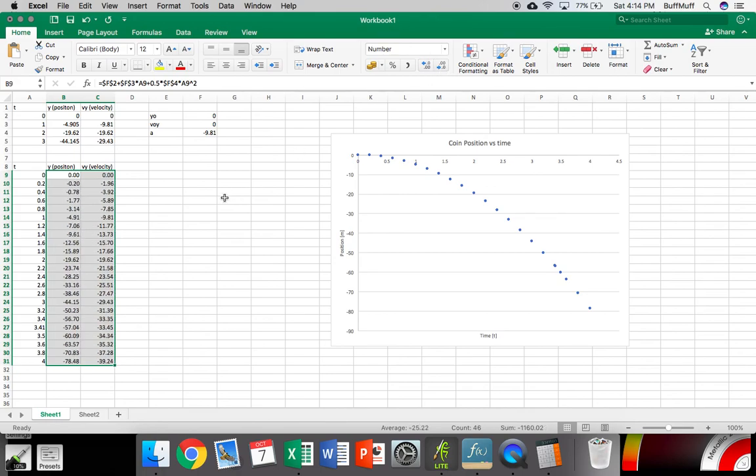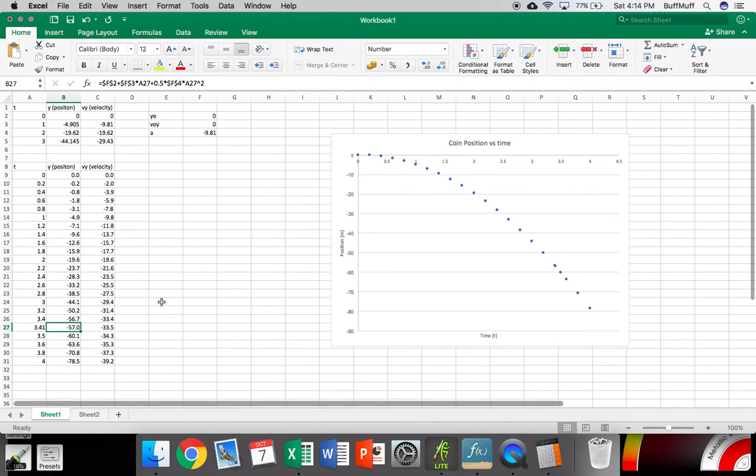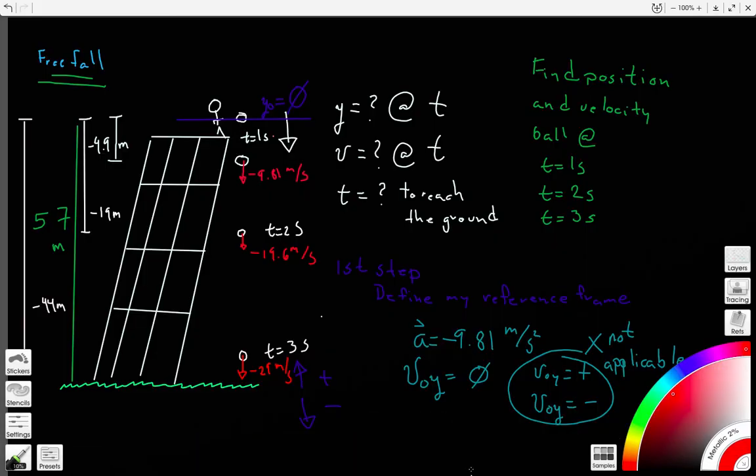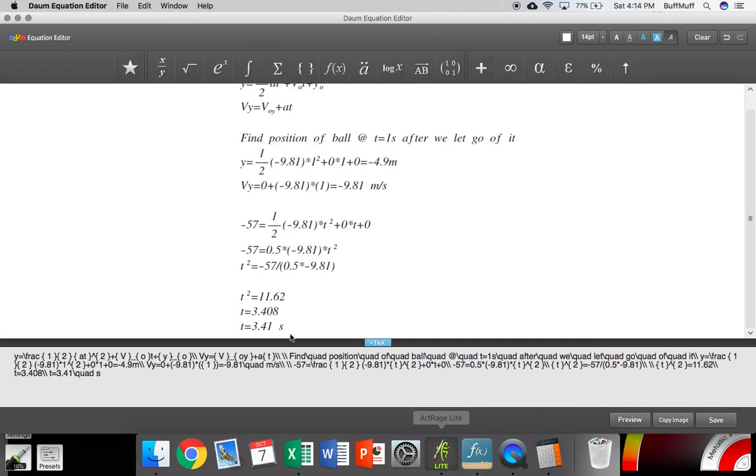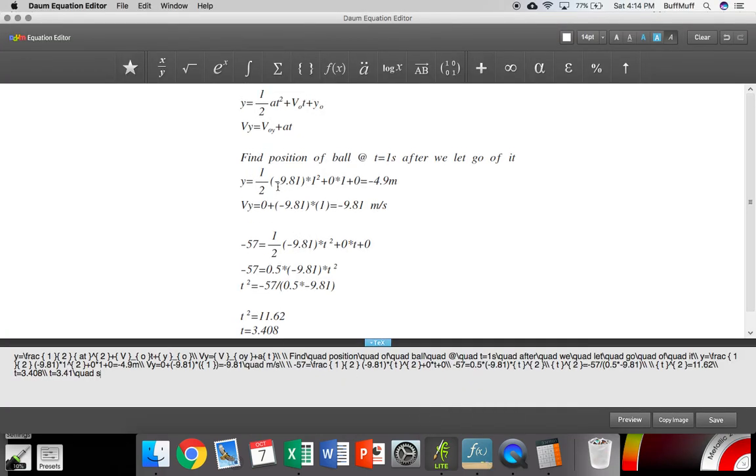So at 3.41, look, I am exactly at negative 57. So I figured out with my graph what was the time that it took the ball to fall from my hand and hit the ground, but I can also calculate it. And we did that right here using my equations.